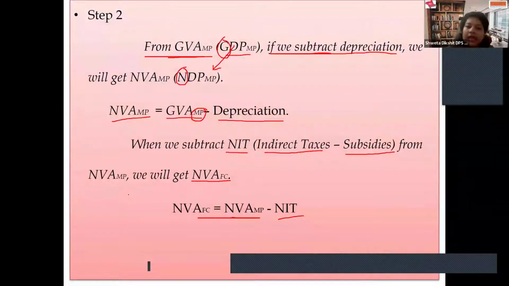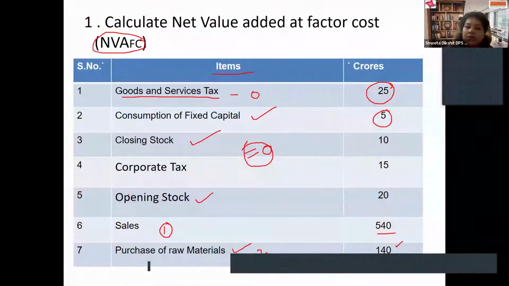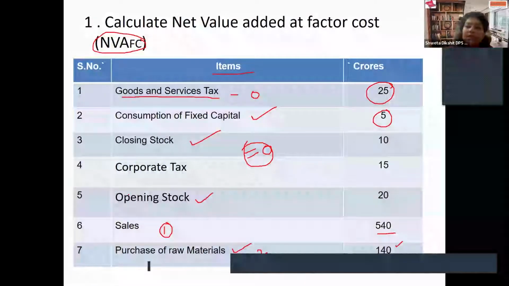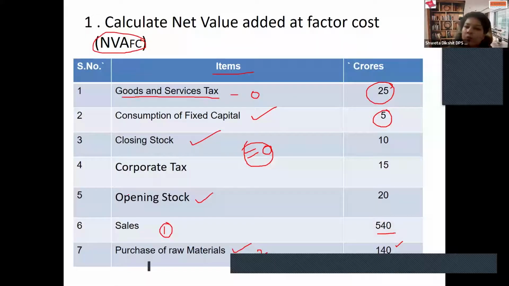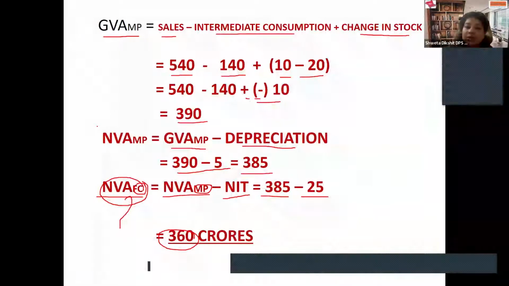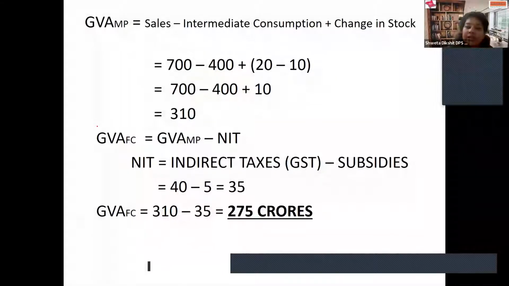That's so simple. And whatever aggregate has been asked, that is NDP, GDP, NNP, you can convert the given value into the other one as per the details given in the question in the list.